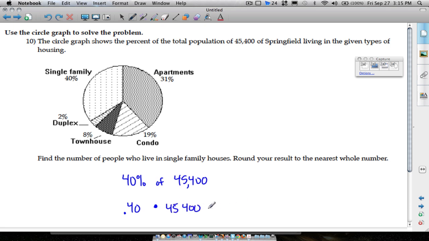45,400. Now, you don't have to show all the multiplication here since you're already in DMA 50, but just show that you do recognize, hey, of means multiply, and then 40% of 45,400 people is 18,160. So let's write this in a sentence.